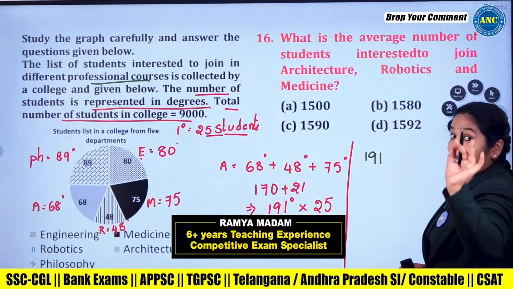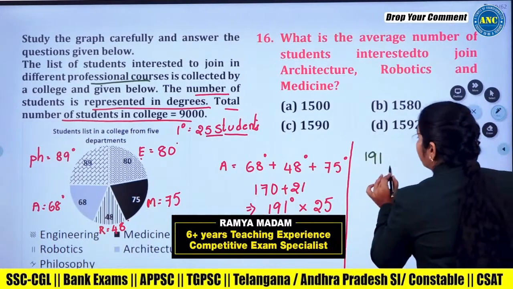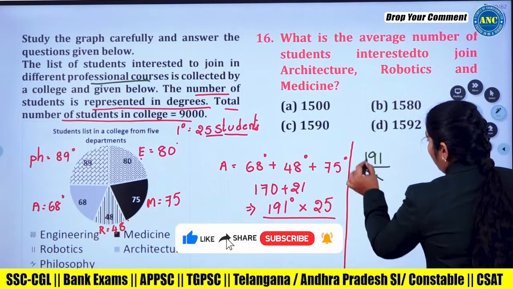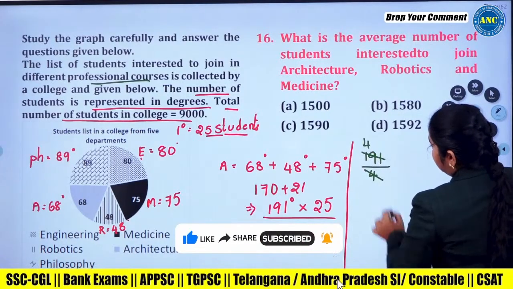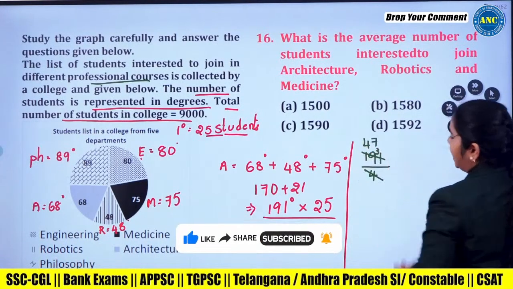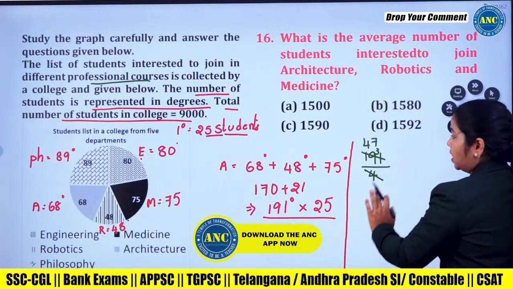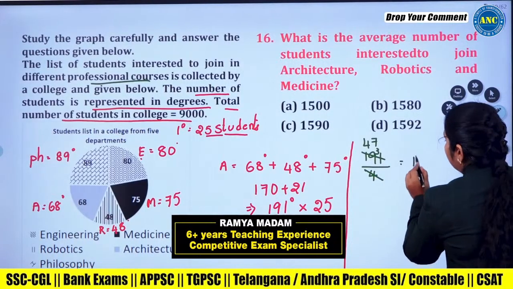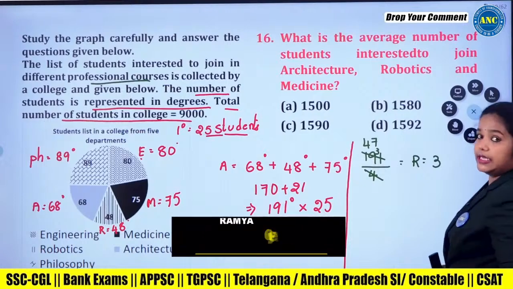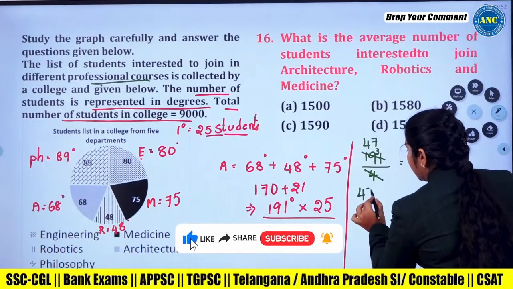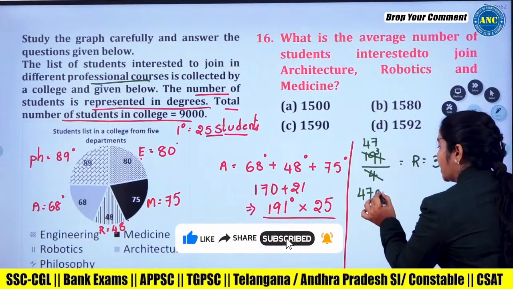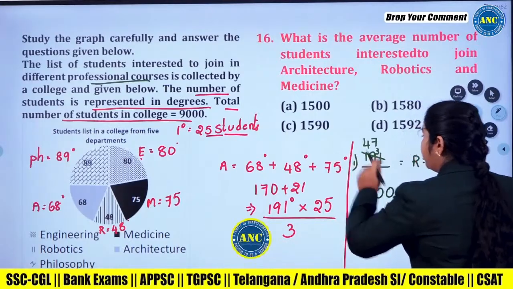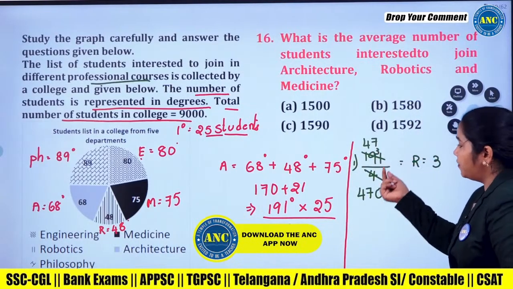Any number to be multiplied with 25, first divide the number with 4. 4 4s are 16. 4 7s are 28. How much is remaining here? What is the remainder here? Remainder here is 3. So, we got 47. Now, this 47 will be multiplied with 100. First step, what we have done? Step number 1, we have divided the number with 4.